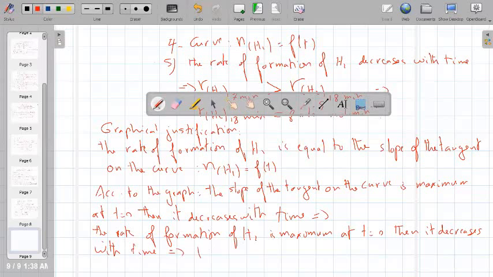Therefore, the rate of H2 at 18 minutes is less than the rate of H2 at 7 minutes. And this is how we justify graphically the variation of the rate with time, but you should not forget to draw 2 or 3 tangents on the graph.